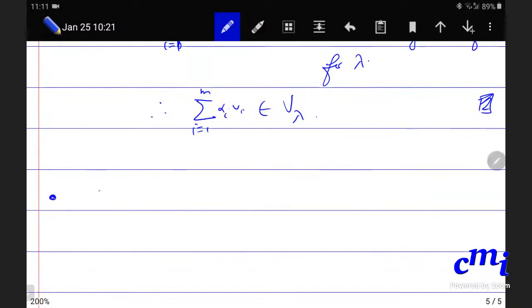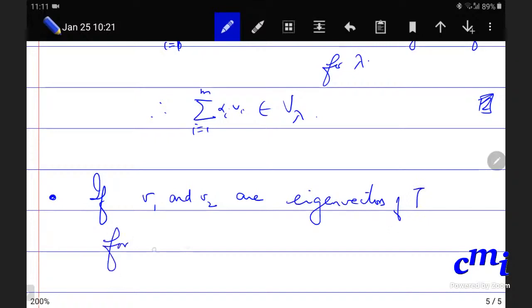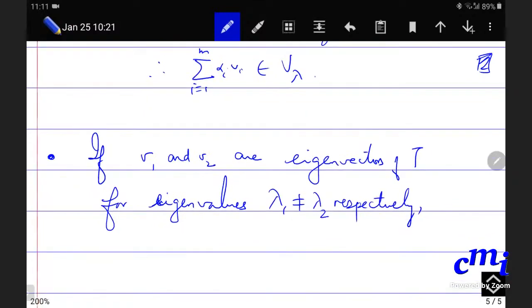So this is just to get a feel for it. If V1 and V2 are eigenvectors of T for eigenvalues lambda 1, lambda 2 respectively, V1 for lambda 1, V2 for lambda 2, and they're distinct, then V1 and V2 are linearly independent.